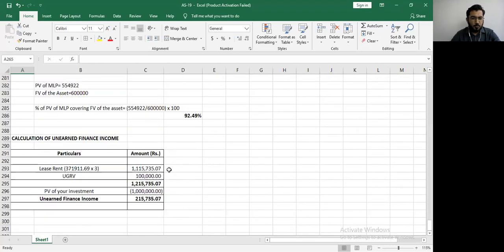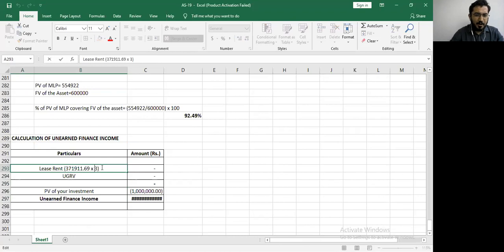Now let's go to the unearned finance income. First, let's try and find out what is your lease rent per annum.